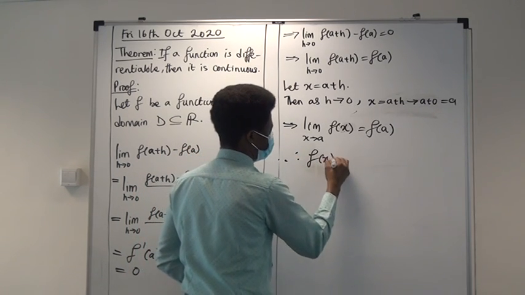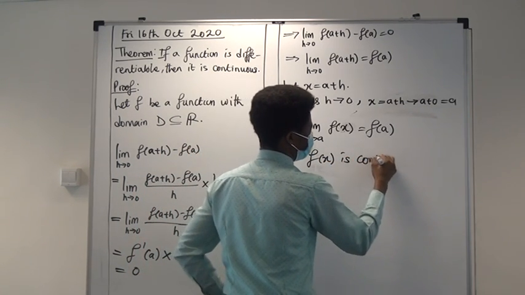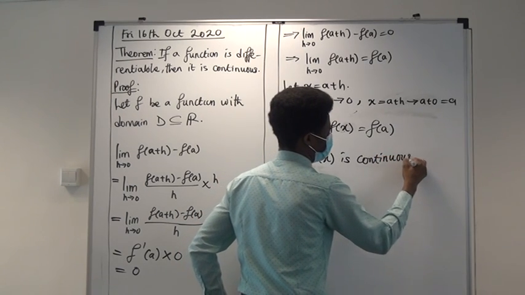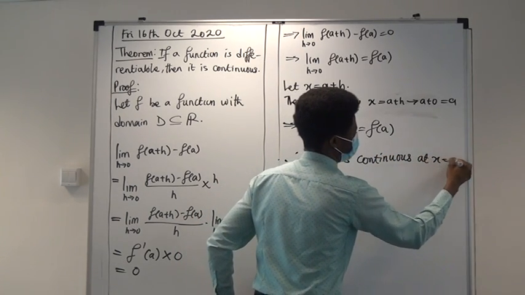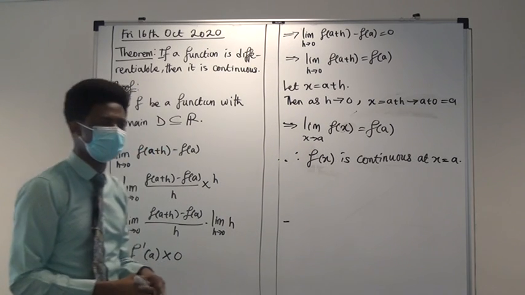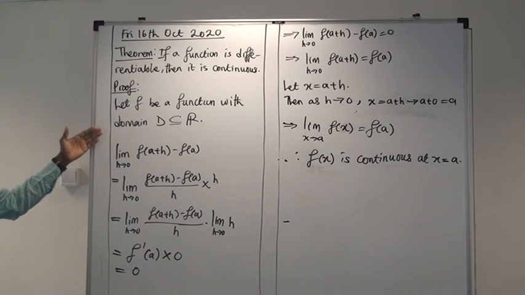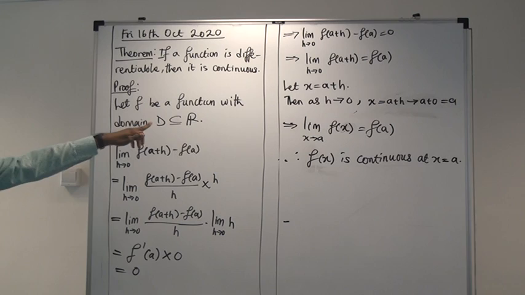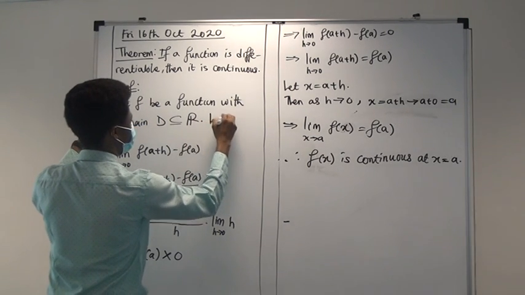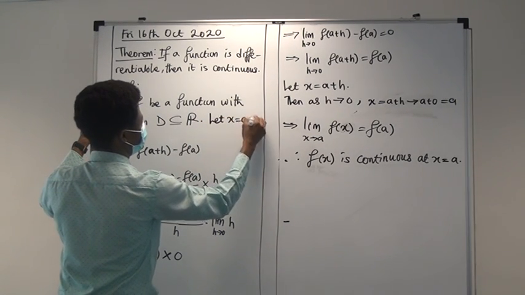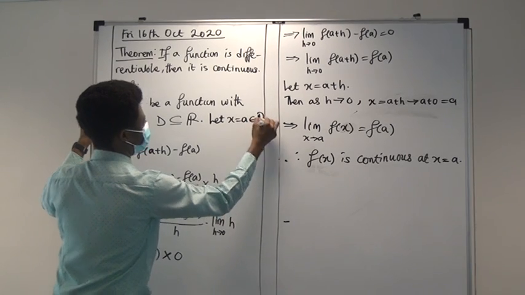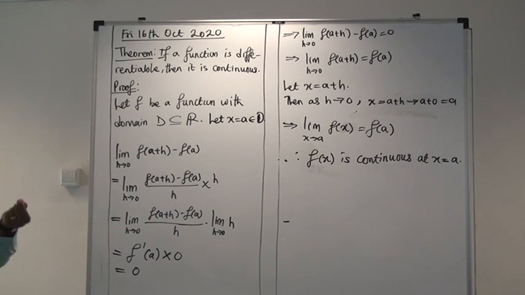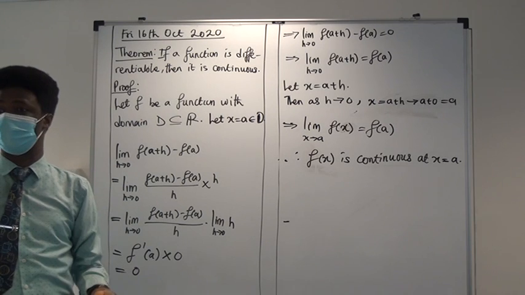Therefore, f of x is continuous at x equals a. So you can see that the fact that it is differentiable, no, I should actually put let x equals a, be in D, because you have to specify that you pick that point from the domain.